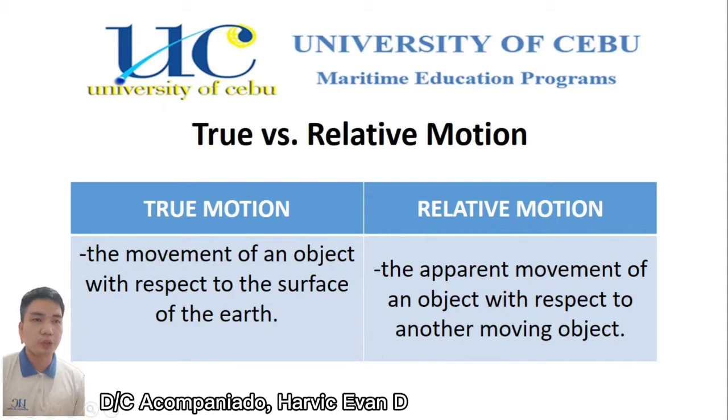The relative motion display portrays the motion of the target relative to the motion of the observing ship, while the true motion display portrays the actual or true motion of the targets and the observing ship. To make it shorter, true motion is the motion of an object with respect to the ground, while relative motion is the motion of another object with respect to your vessel.